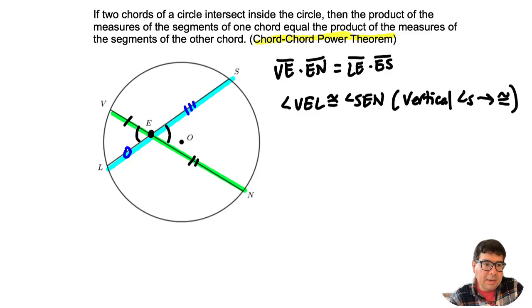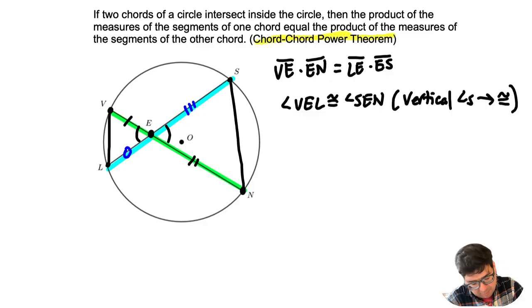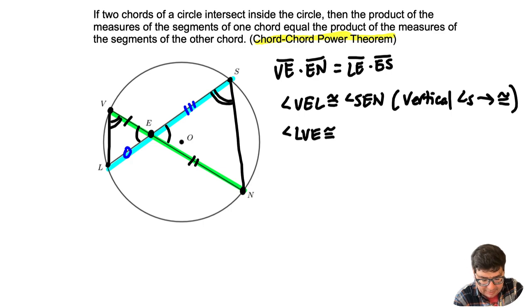What else do we know? Let's draw a line from V to L, right here, and a line segment from S to N. While those segments are clearly different in length, we might notice this angle here is congruent to this angle here. I'm going to write that down: LVE is congruent to angle NSE.